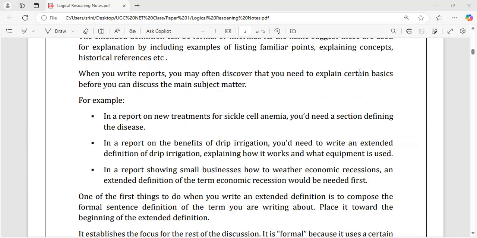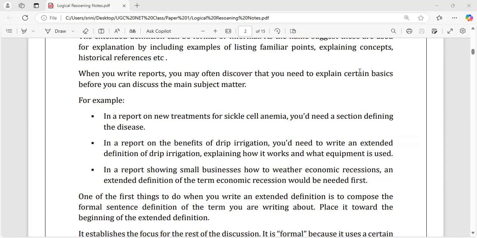For example, in a report on new treatments for sickle cell anemia, you will need a section defining the disease. So now we have to add a section for the disease.